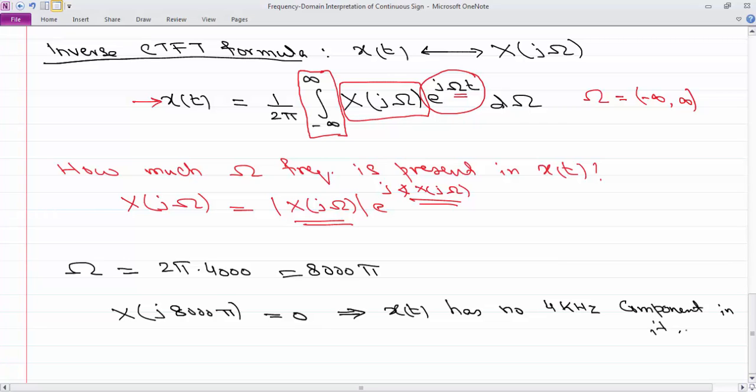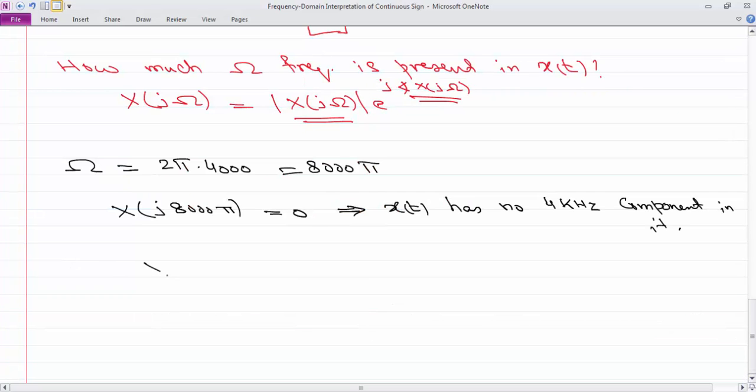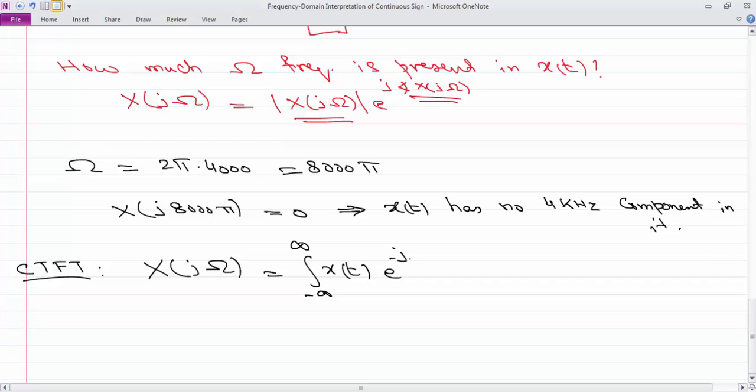Okay? So when we look at it, what is the true meaning of the Fourier transform? The true meaning is this: when you calculate the Fourier transform of a continuous time signal, how do you compute x of j omega? The Fourier transform formula is this. You do minus infinity to infinity x of t e to the minus j capital omega t d omega.